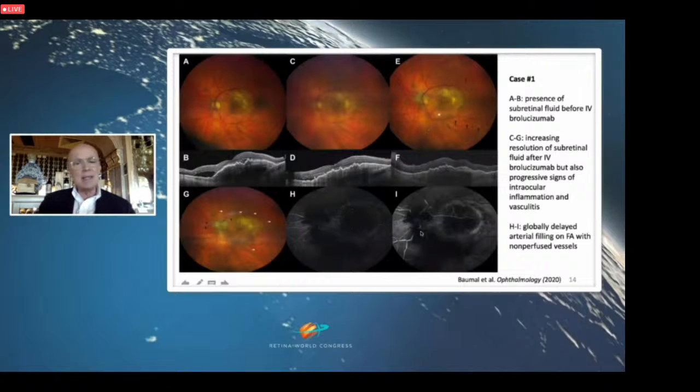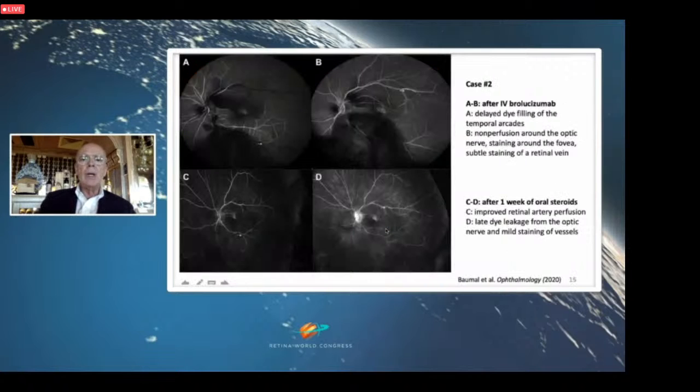You have this disappearance of vessels, which is really something able to produce an important effect. This is another case where you see this occlusion of vessels, but after 1 week of orally prescribed steroids, there was some improvement in the appearance of the angiographic lesions.